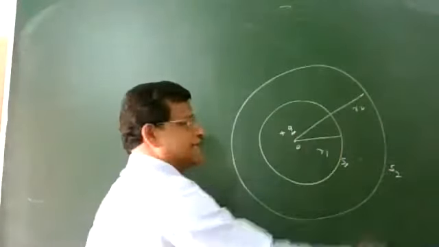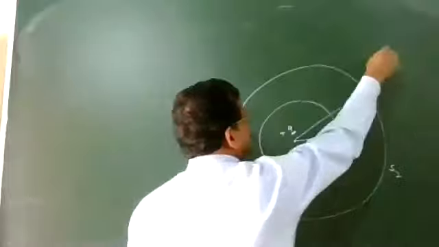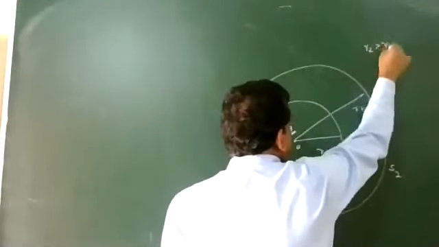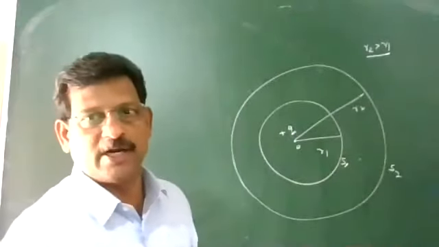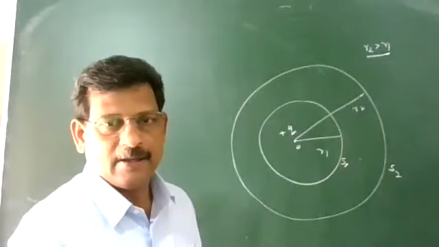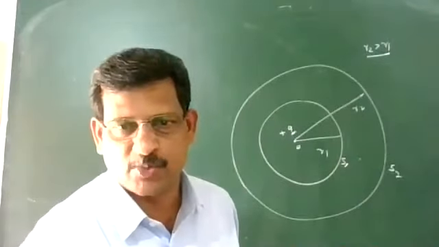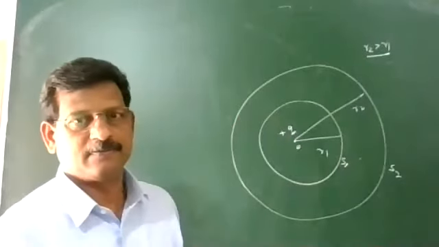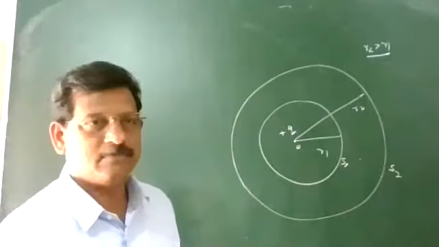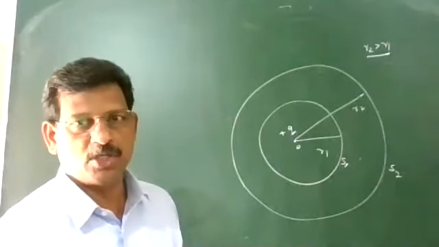Plus Q charge is kept inside S1. Given that R2 is greater than R1, which means the second spherical shell is outside. You have to calculate the flux through the two spherical shells S1 and S2. You have to find out the ratio of the flux through the two surfaces.